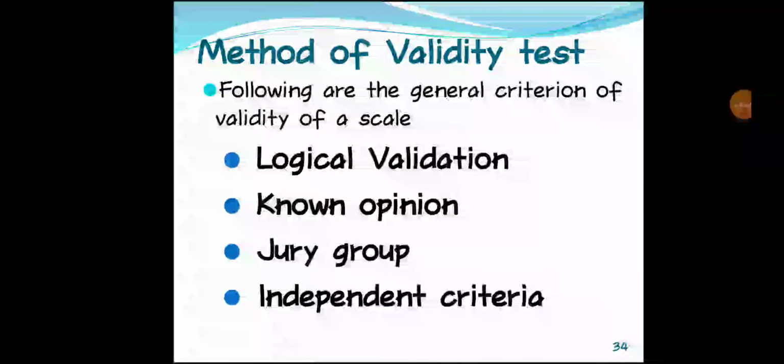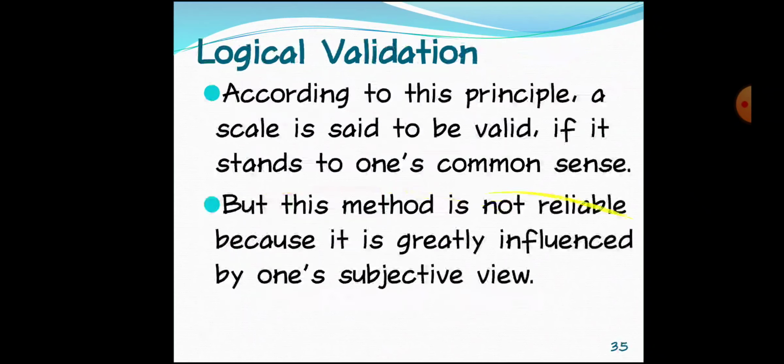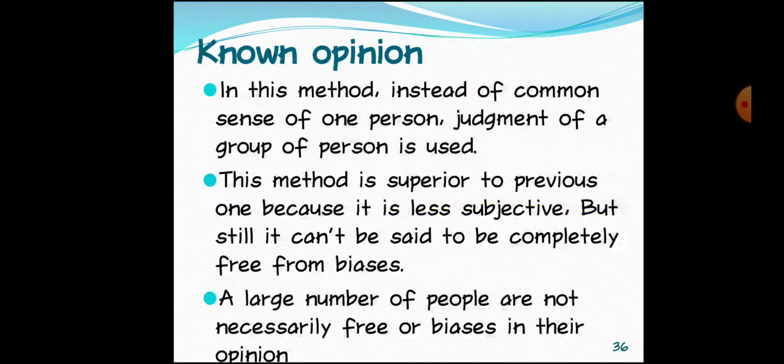Methods of validity testing. Following are the general criteria of validity of a scale: logical validation, non-opinion, jury group, independent criteria. Logical validation. According to this principle, a scale is said to be valid if it stands to one's common sense. But this method is not reliable because it is greatly influenced by one's subjective view.